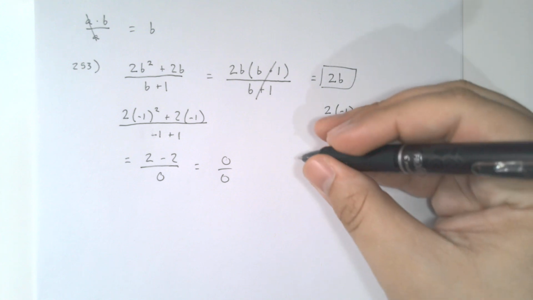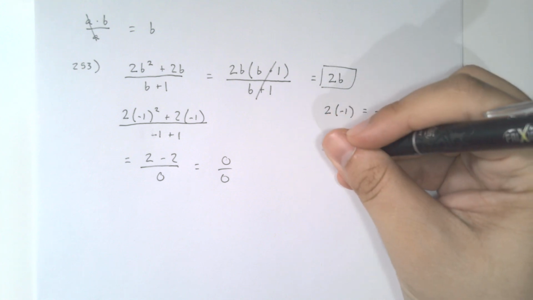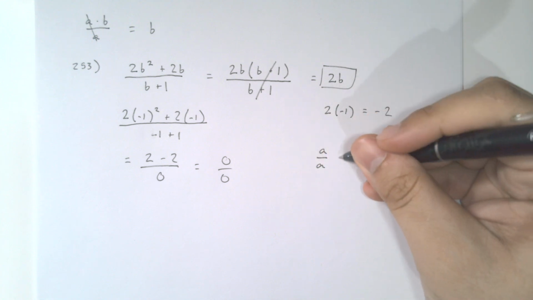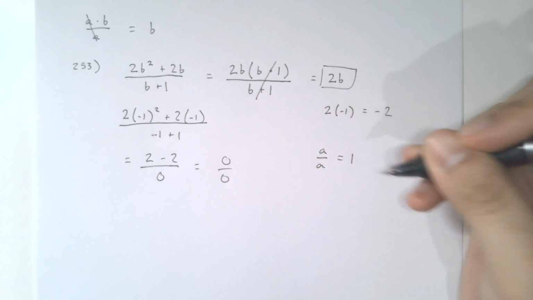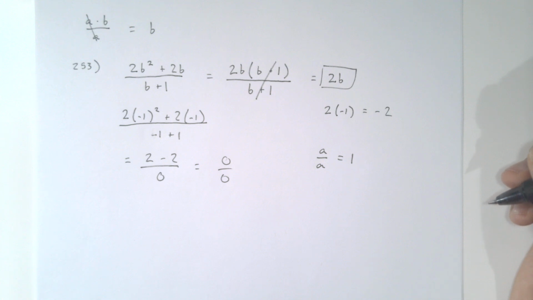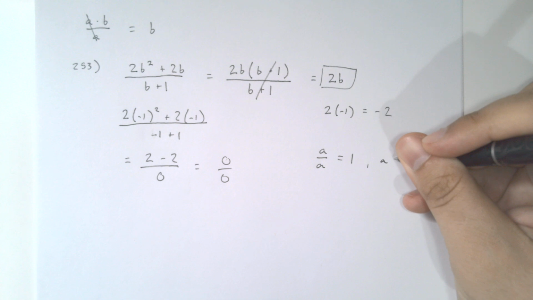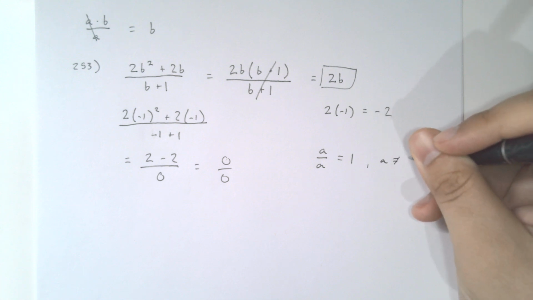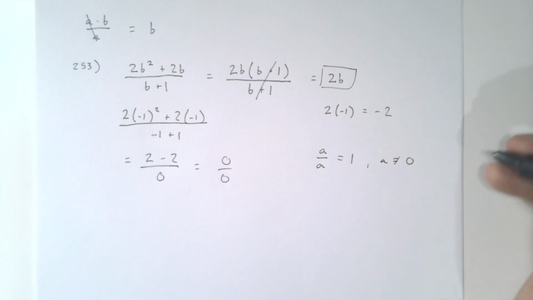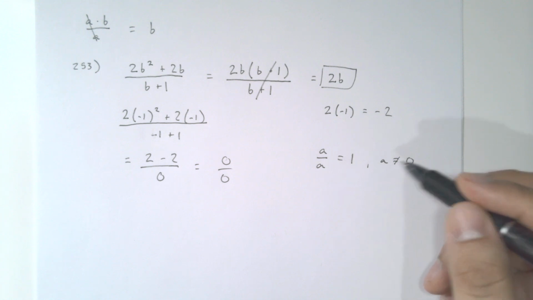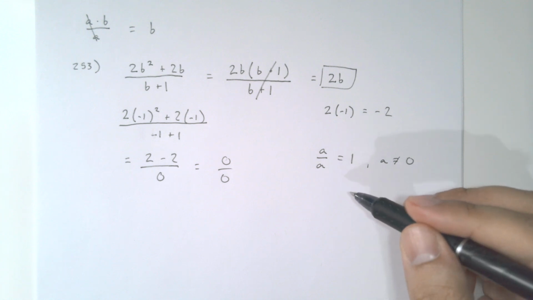Well, I've told you before that anything of the form a over a is equal to 1. However, that's not the case for a equal to 0, so this actually isn't the whole story. a can't be equal to 0 for this property to apply.